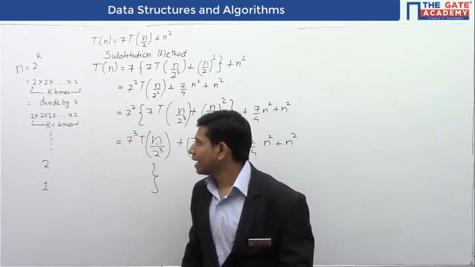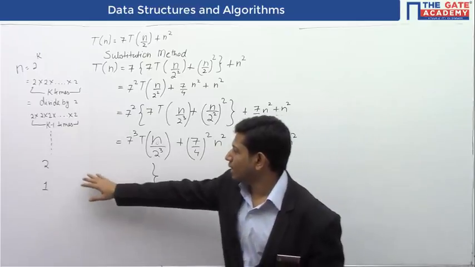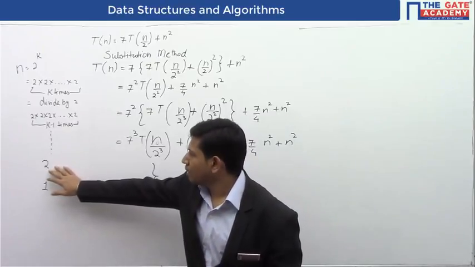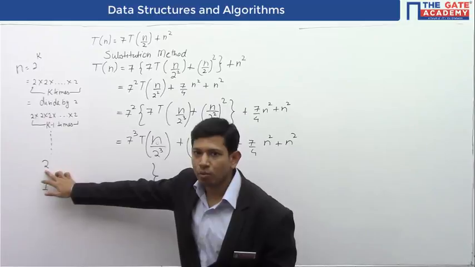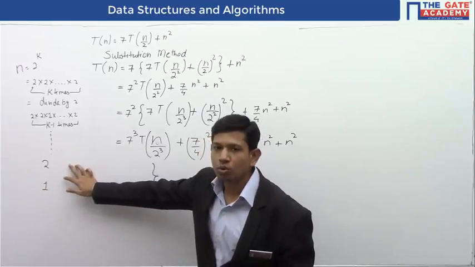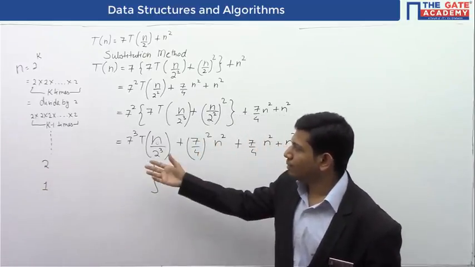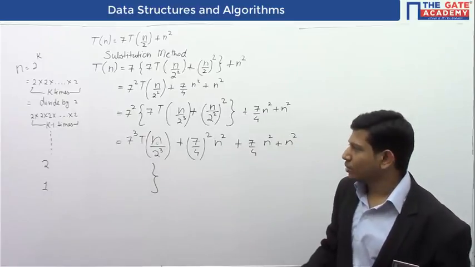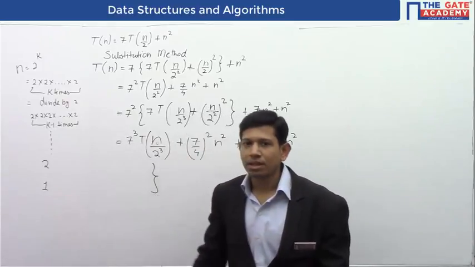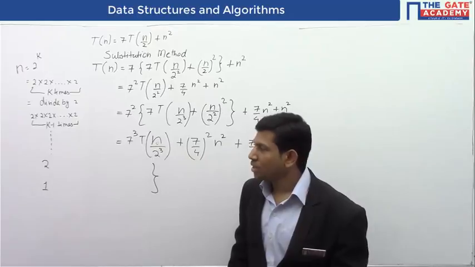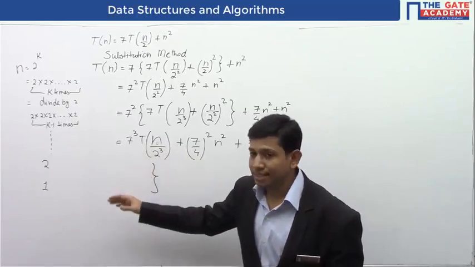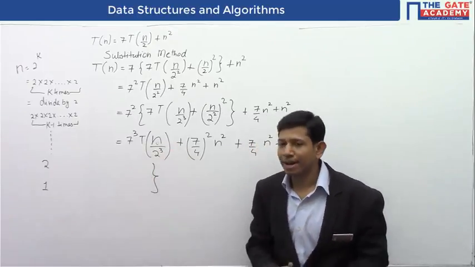Finally k became 1 because we have 2 multiplied 1 time. So k is equal to 1. And when we divide it one more time, k becomes 0 and the value of n becomes 1. So to make k 0, how many times did we subtract 1?